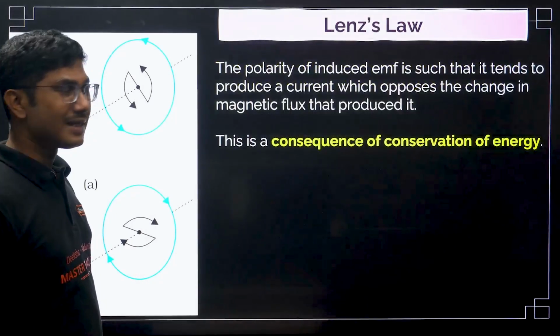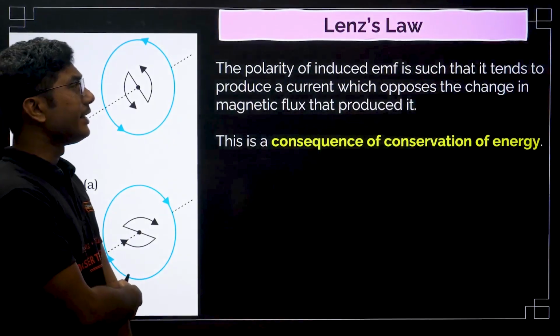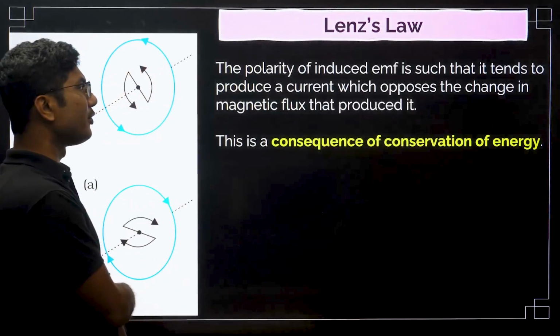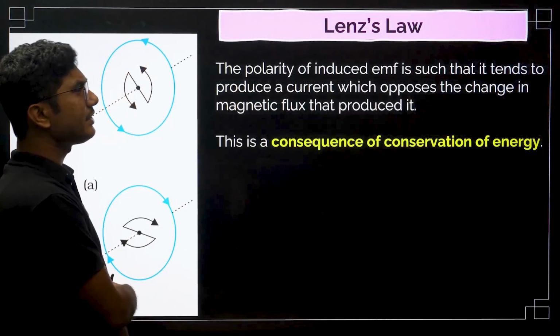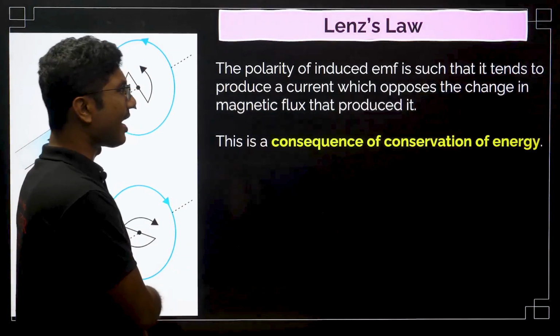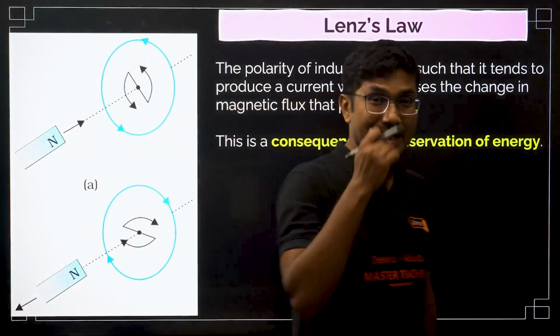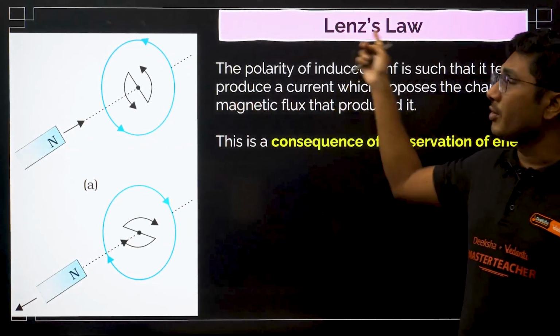Now Lenz's law is very important. The polarity of the induced EMF is such that it tends to produce a current which opposes the change in the magnetic flux that produces it. This is a consequence of conservation of energy. The negative sign comes from Lenz's law.